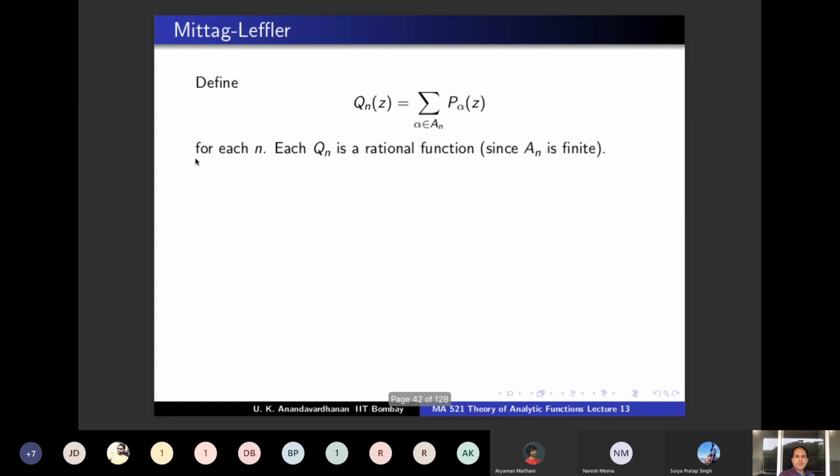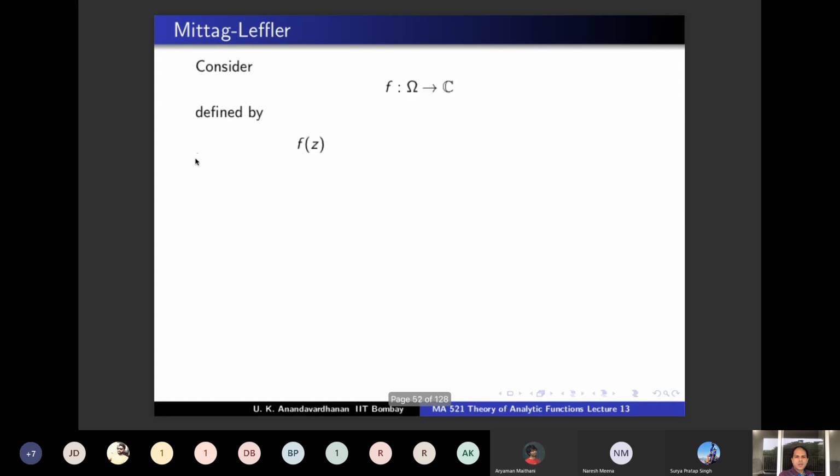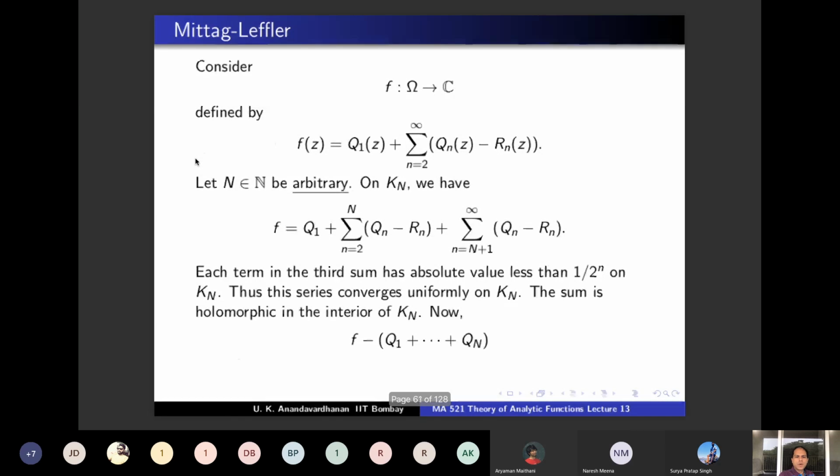So if you consider f minus (q1 plus etc. plus qn), and if you show that this is holomorphic in the interior of Kn, you have shown that by subtracting out the P alpha, you are getting a removable singularity at alpha, which means the principal part in the Laurent series expansion around alpha is precisely P alpha. So you have achieved that.